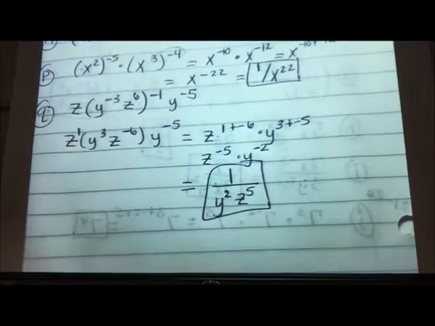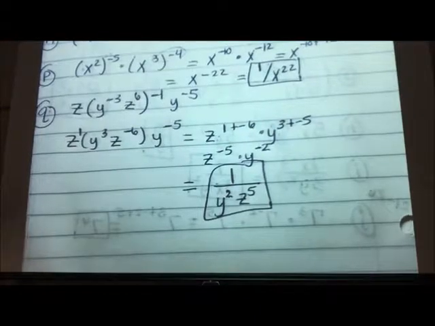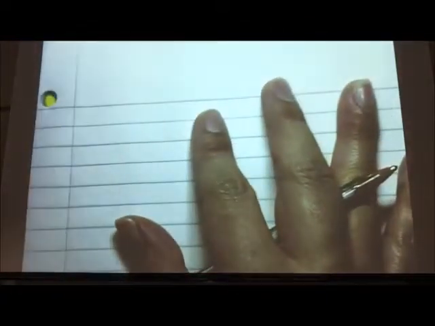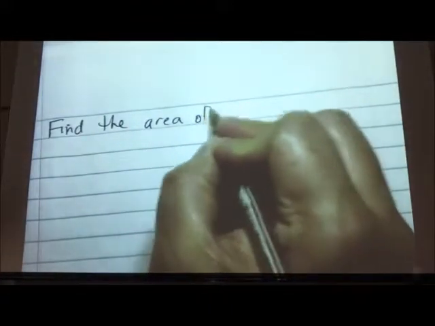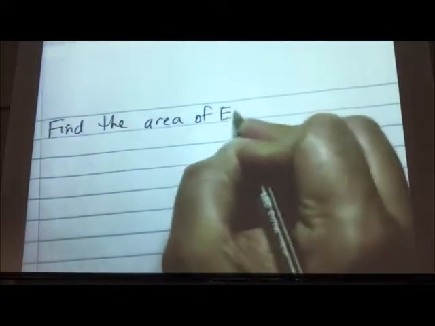Now the very last part of the notes, we're going to be finding areas of shapes. So for the last part of the notes, we need to find the area, and it goes in reference to your last 4 problems. Find the area of each.